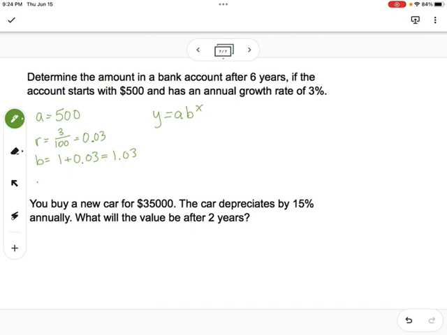And our x value is our time, which in this scenario is 6 years. So y equals 500 times 1.03 to the exponent 6. When we calculate this, we get $597.03.